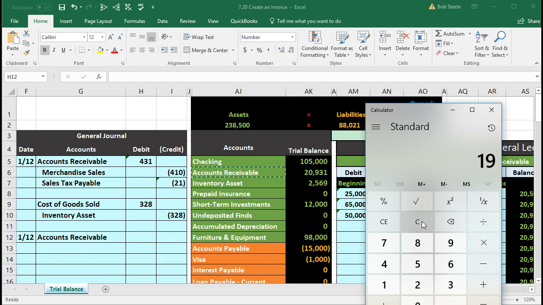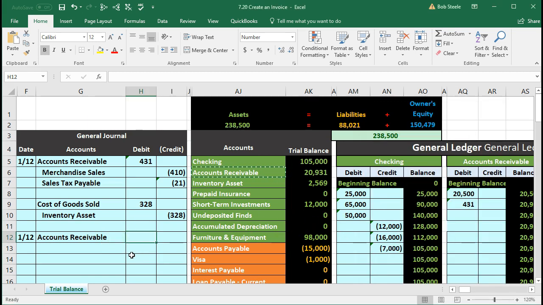That's the 19 plus the original sales price of $380 gives us the $399. Or we can do that with one calculation, often very useful to know, which is 380 times 105%, 1.05. 100% plus an added 5% for the sales tax gives us the $399. We're going to do that calculation one more time here.